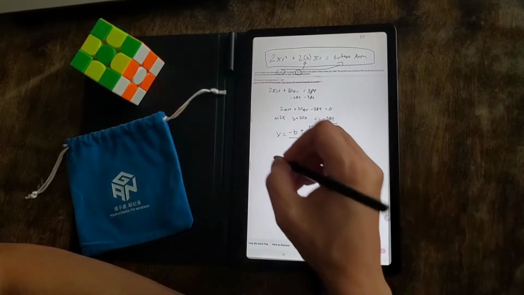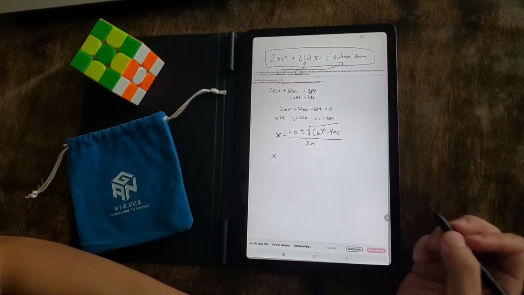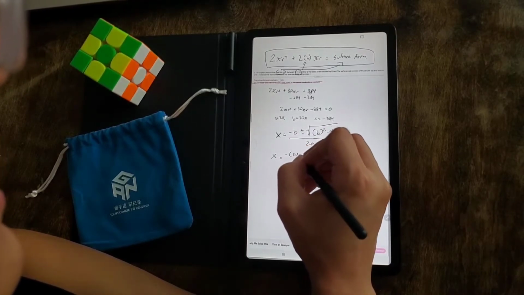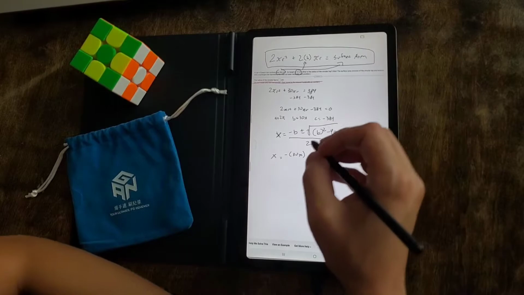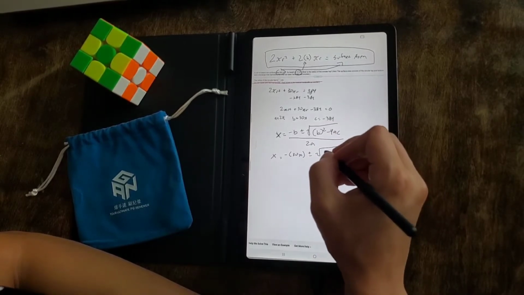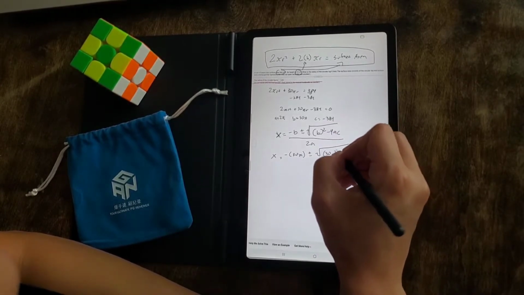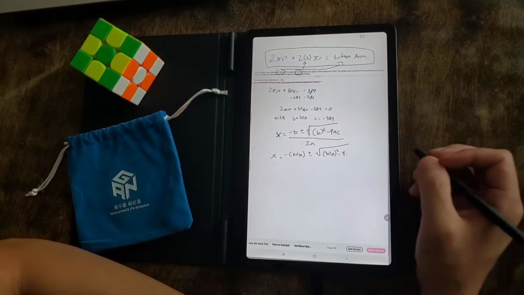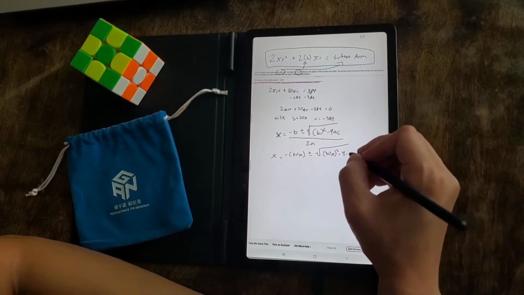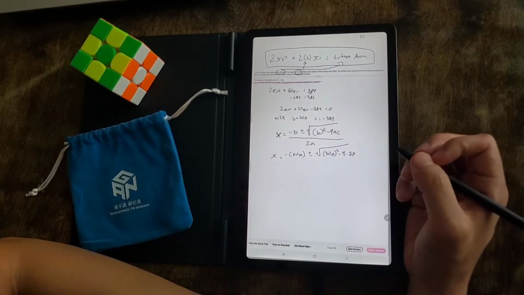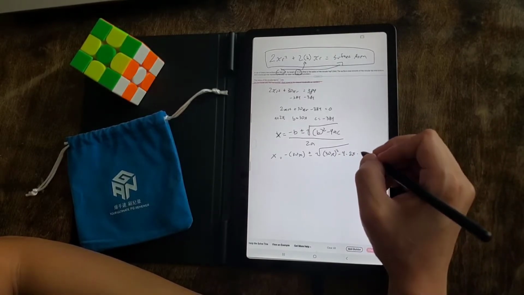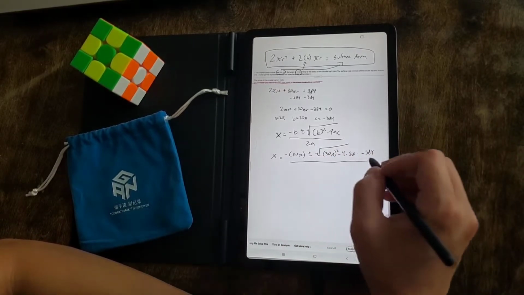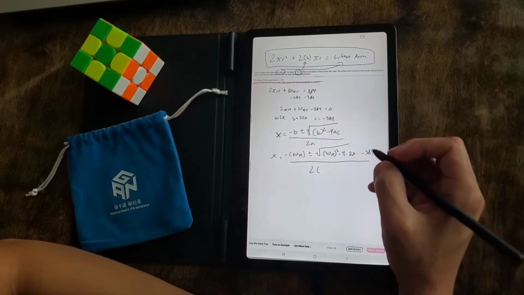So let's plug in our values. This is supposed to be an x, my handwriting is just trash. We got x equals negative 30 times pi plus minus square root of 30 pi squared minus 4 times our a value, which is 2 pi, times negative 384, all of that over 2 times 2 pi.